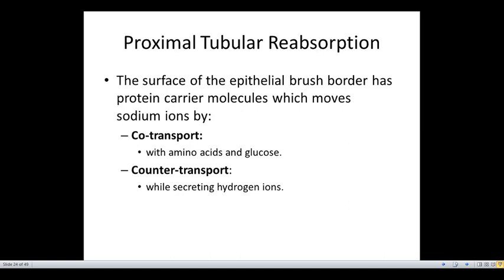Now, keep in mind here that there are some differences in the mechanisms by which sodium and chloride are transported through the luminal side of the early and late portions of the proximal tubular membrane.